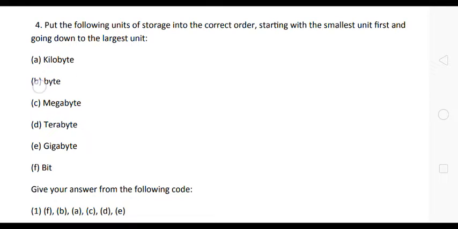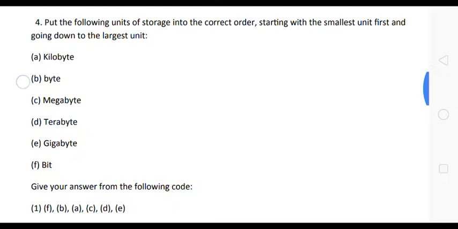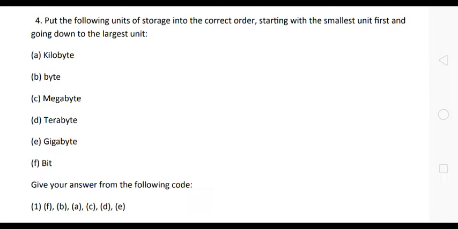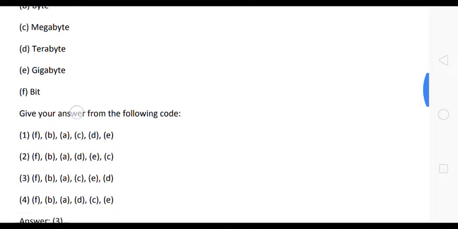After byte, kilobyte is larger than byte, and after that megabyte is larger than kilobyte. After that, gigabyte is larger than megabyte. After that, terabyte is bigger than gigabyte.